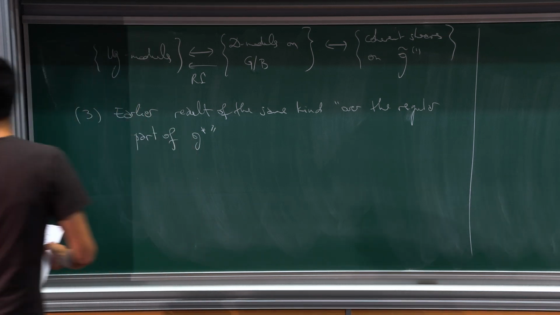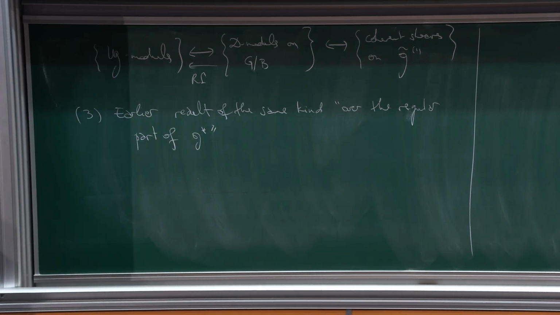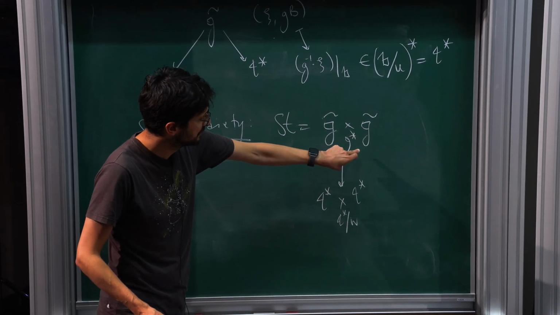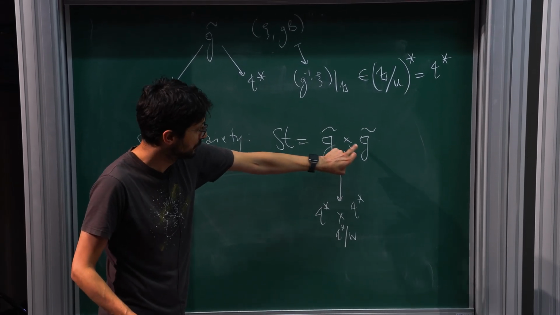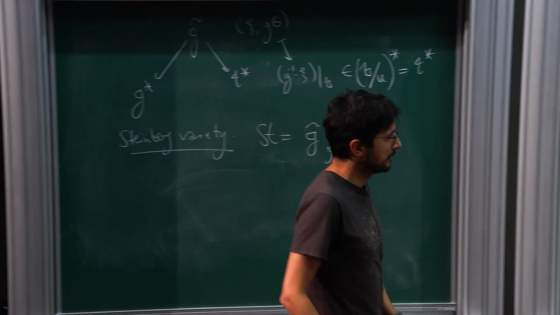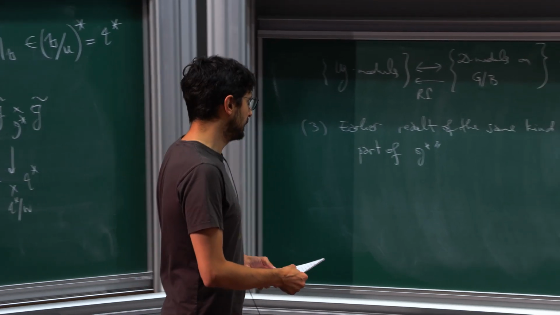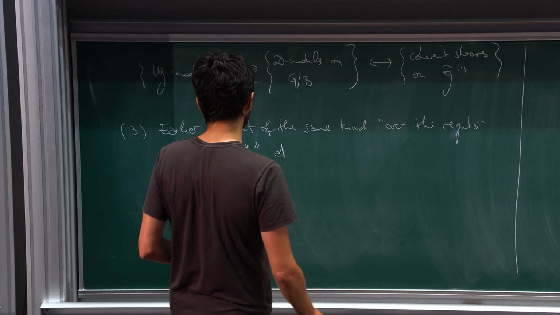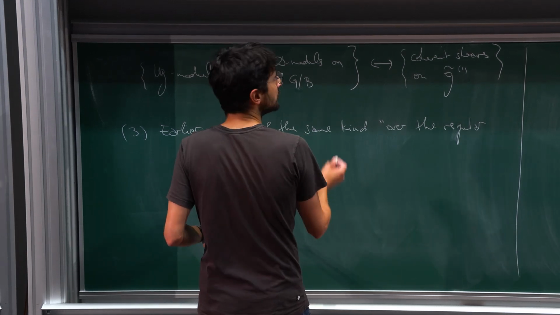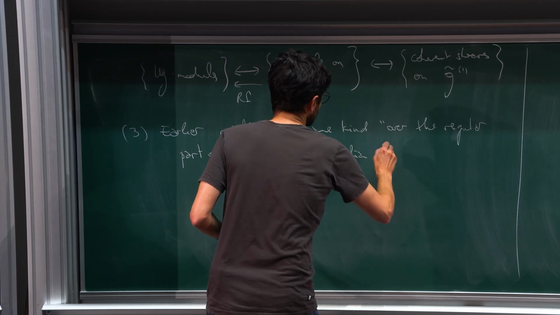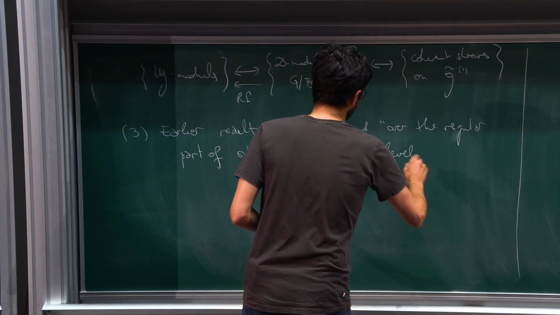At the level of geometry, this means that we just restrict to the preimage of the open part in g star consisting of regular elements, and over the regular part we get an equivalence at the abelian level.